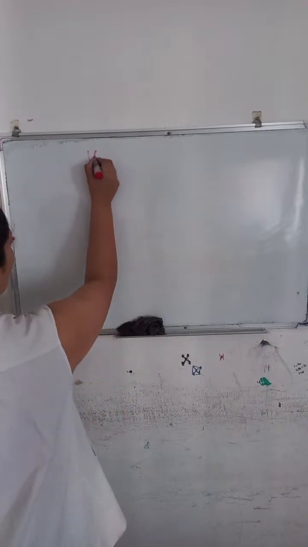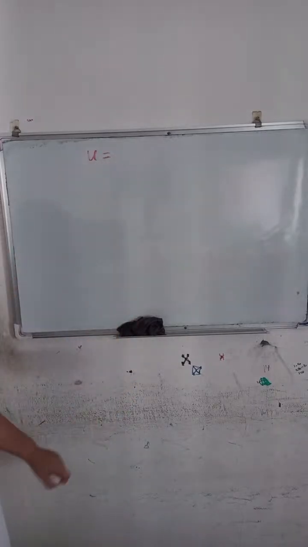So first you can write down u, how much they gave. Object is placed, that is u. Image: project the image of the candle flame on the screen. Yes, it is in front of the mirror.